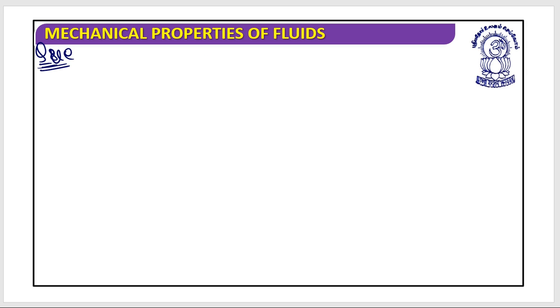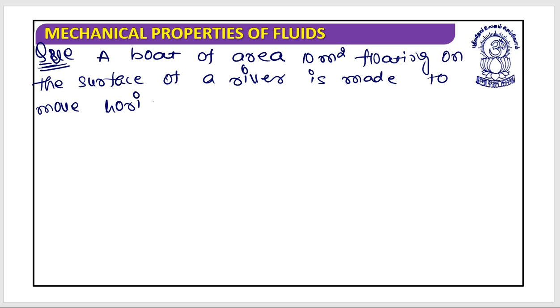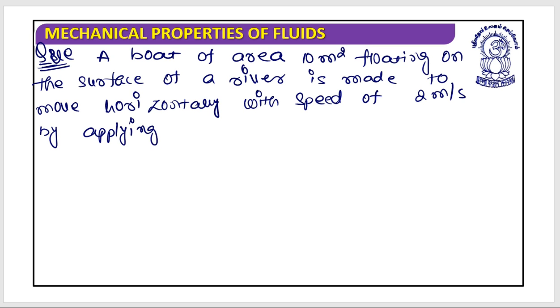So the question says that a boat of area 10 meter square, floating on the surface of a river, is made to move horizontally with a speed of 2 meter per second by applying a tangential force.